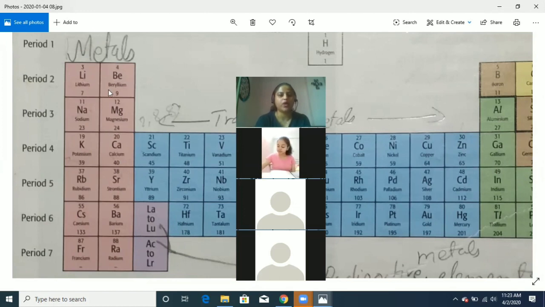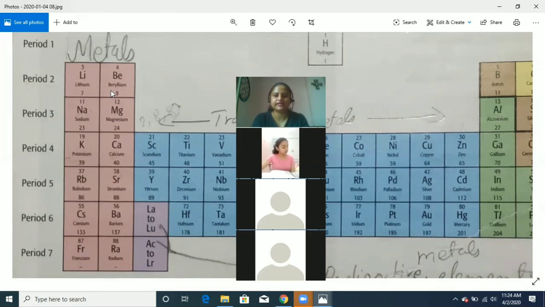These group 1 and group 2 elements are called alkali metals and alkaline earth metals. Alkali means base; alkaline is also called base. So alkali metals and alkaline earth metals have basic nature.